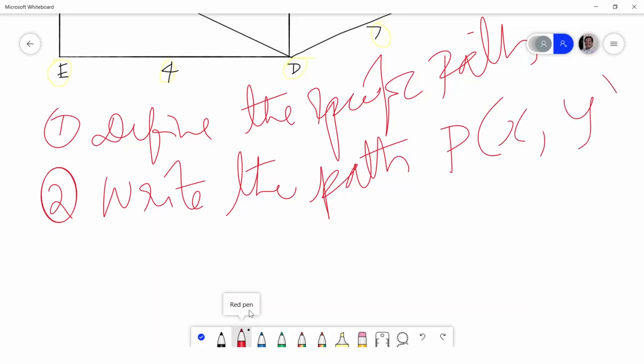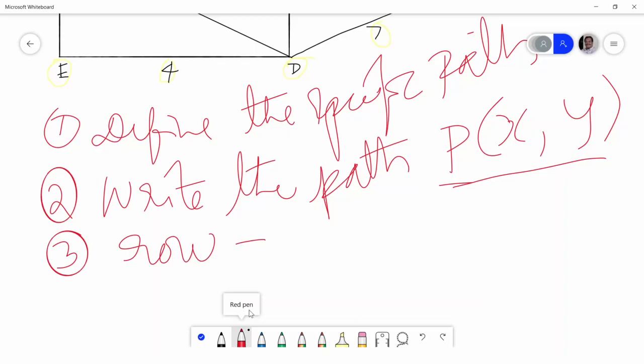If x and y are two points, then P of xy indicates the path. The third point says the row always indicates the path.